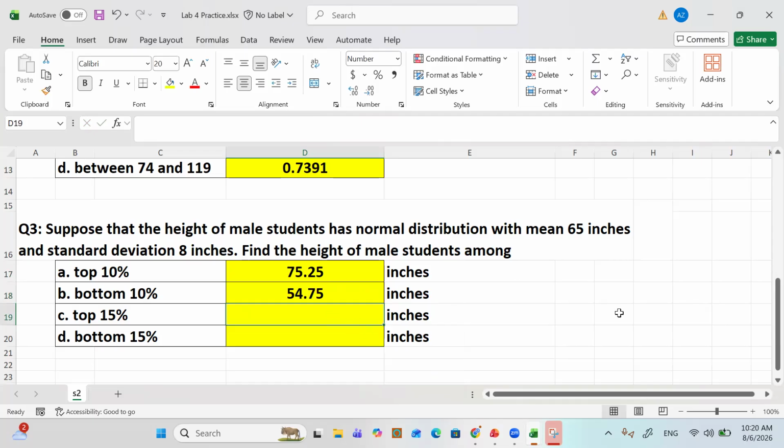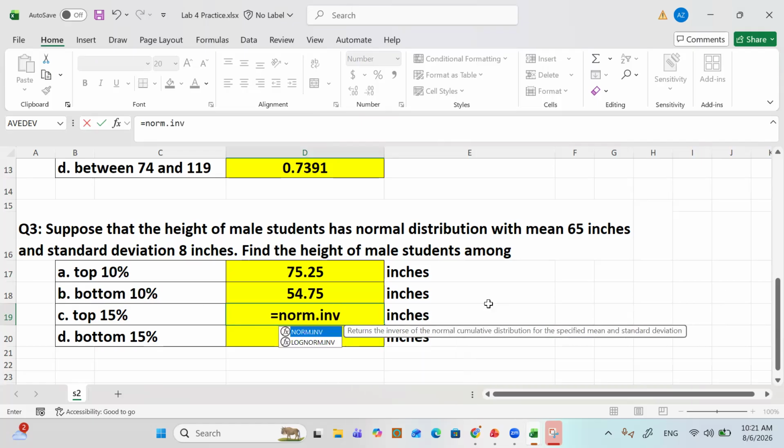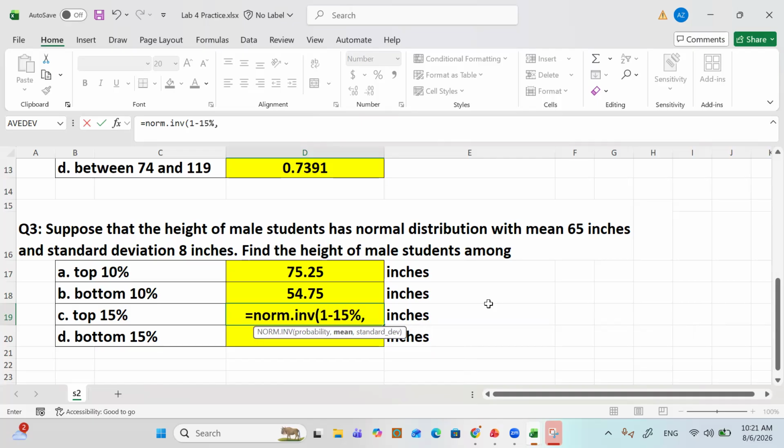Now the top 15%, it's going to be NORM.INV, probability, area to the left, it's 1 minus 15%. The mean of 65 and standard deviation of 8.